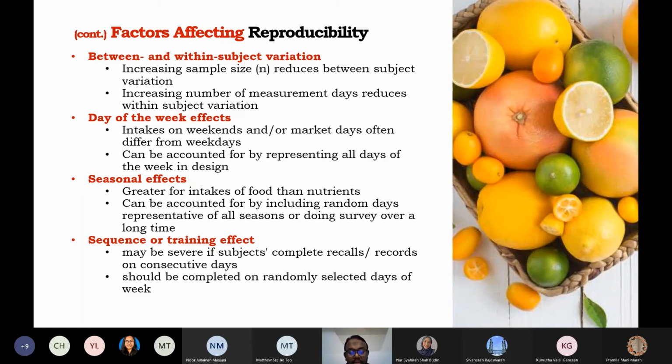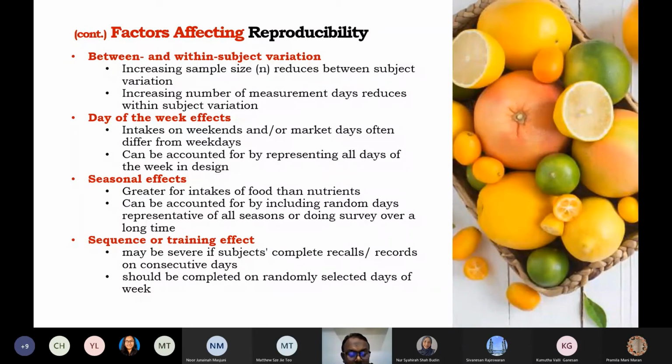It can be accounted for by including random days representative of all seasons, or doing the survey over a long time. So if you want to measure habitual intake, you must collect dietary data during all seasons, from January to December, so that the seasonal effects will be reduced.